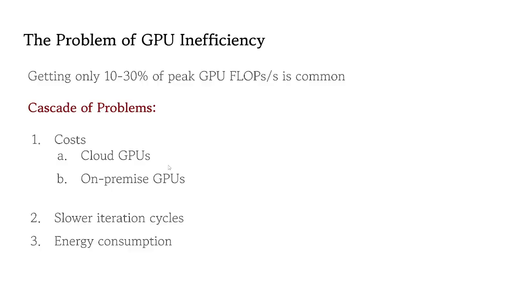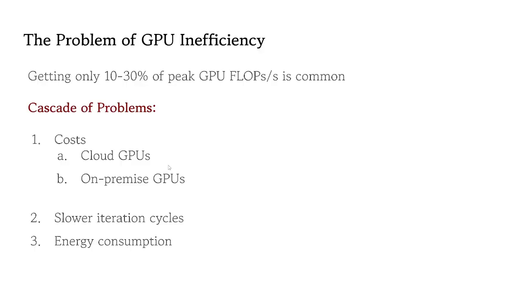So the first has to do with cost. Either we are renting these GPUs on the cloud, which means that, let's say if the utilization is only 20%, it means that for every 1,000 rupees I'm giving to the cloud provider, I'm basically wasting 800 rupees. So it can blow up the cloud bill significantly if we don't take care about how well the GPUs are utilized.